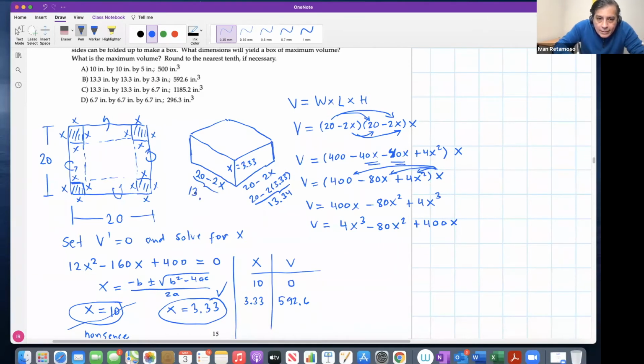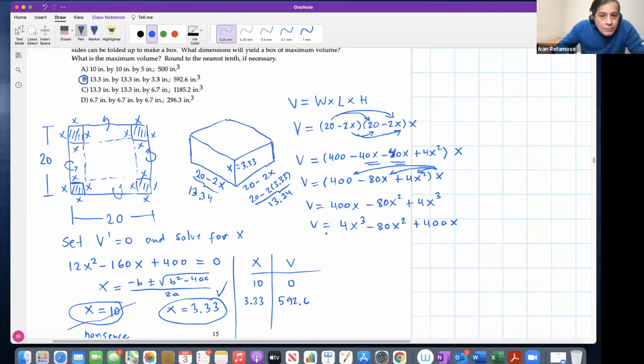So Tiffany, tell me, what do you think is the answer? And the volume is this, 592. So which one do you pick by looking at this? 3.33 the height, 13.34, 13.34, and volume 592.6. Which one would you pick as your answer, Tiffany? B. Yeah, right. You see?